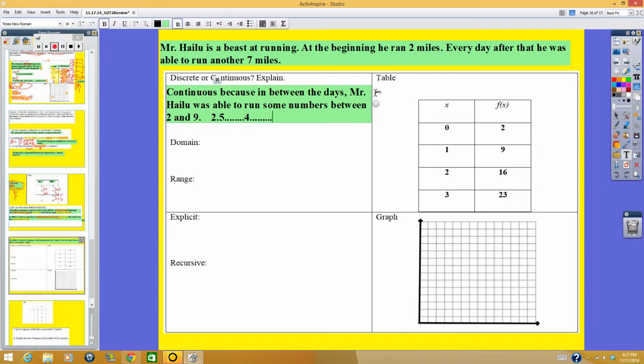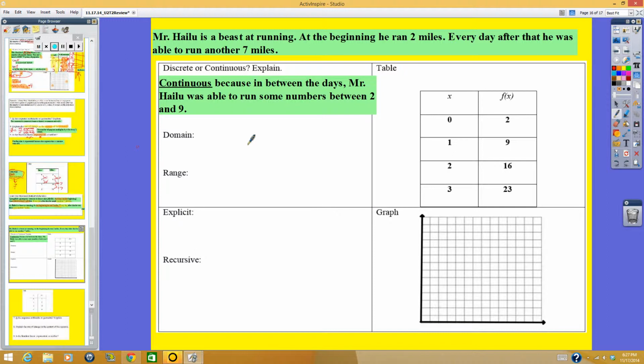After another few hours, when I'm eating a PB&J sandwich in the evening, I'm able to run 7 miles. Like, distance, the number of miles is continuous, okay? You can make a case for it being discrete, but I'm going to stick with continuous with this just because I want to go through it with that.